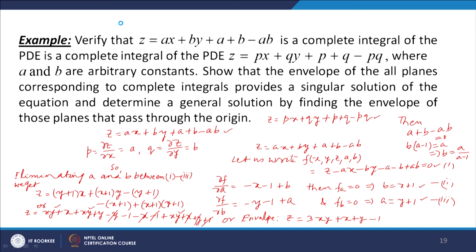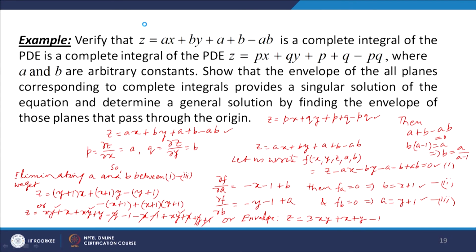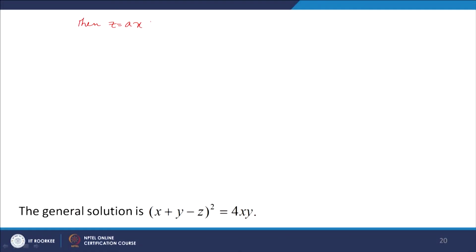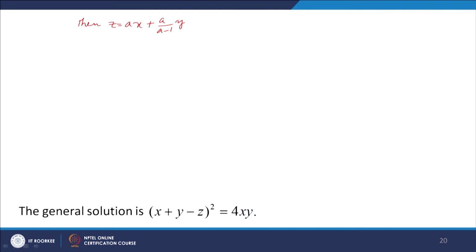Okay. So, thus in order to get the general solution, what we will do is, now let us consider the equation z equal to ax plus by, where a plus b minus ab is 0, which gave us the value of b equal to a over a minus 1. So, substituting b equal to a over a minus 1, we get z equal to ax plus a over a minus 1 times y.